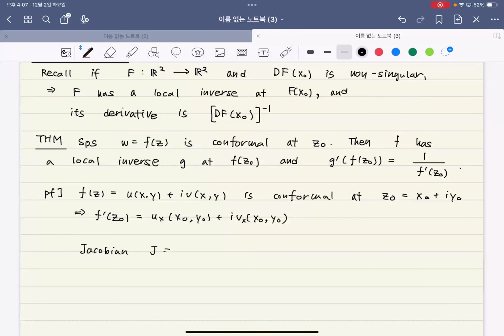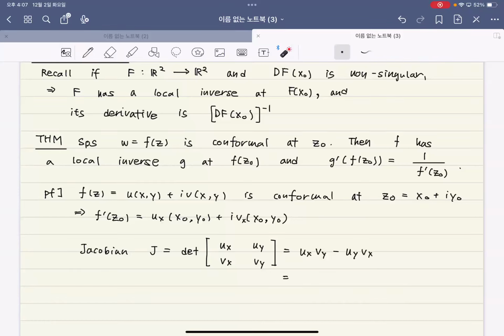The Jacobian J is the determinant of the matrix derivative: u_x, u_y, v_x, v_y. So it is u_x v_y minus u_y v_x.